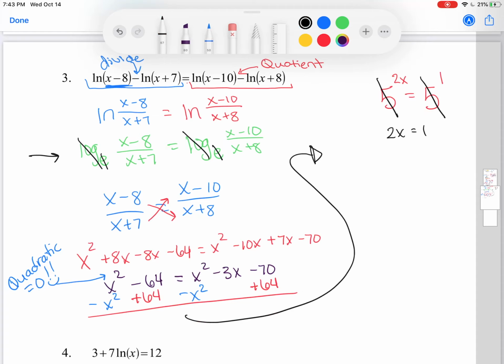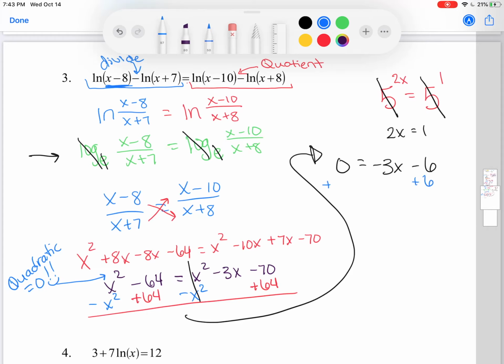And I'm also going to add 64, so that on the left side I can now get a 0. So when I subtract x squared and add 64, I have 0 equals, my x squareds end up canceling, which is nice, and I have negative 3x minus 6.